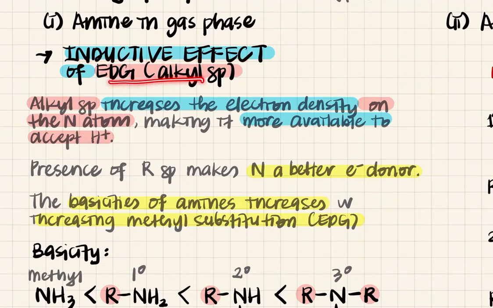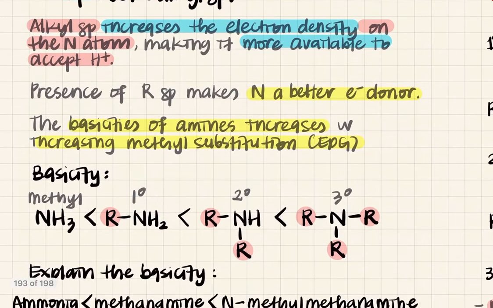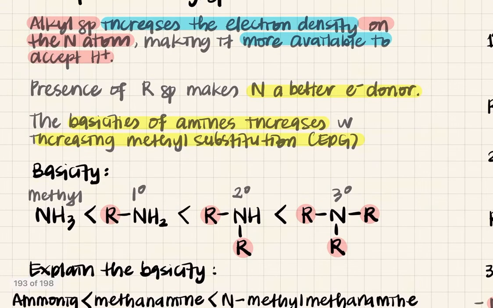Let's say if we have an electron donating group, your alkyl group. So what will happen to your basicity? If you have the alkyl group, what does it do? It will increase the electron density on your nitrogen atom, making it more available to accept H+. So that means when you have alkyl group, your nitrogen will become a better electron donor.